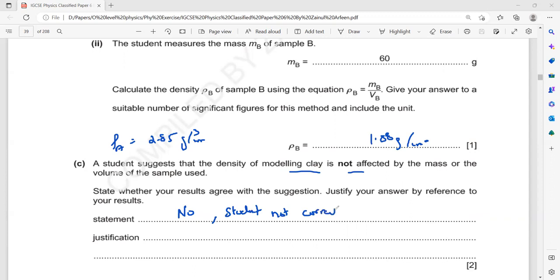Because in the first experiment, with method 1, we were getting a density of 2.85. But for the same modeling clay, with method 2, we were getting a density of 1.88. So it looks like when we change the method, the density changes. It should not change, but it is changing according to our values. So you will always write the answer according to your values. Is it clear, this part?